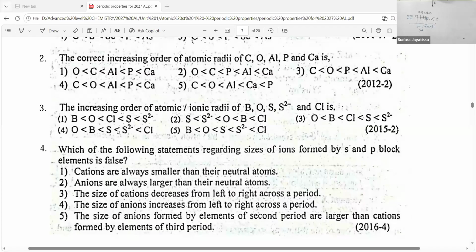You mixed up boron and oxygen. Across the period, radius will what? Decreases. Okay, underline that and put a statement there: across the period, it decreases. Then your mistake is corrected. Okay, online students, how many of you got answer 3? Good.